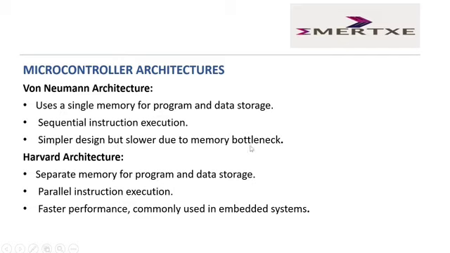Coming to Harvard architecture, it has separate memory for program and data storage, and parallel instruction execution, giving faster performance, and it is commonly used in embedded systems. Compared to both of these, we prefer Harvard architecture.